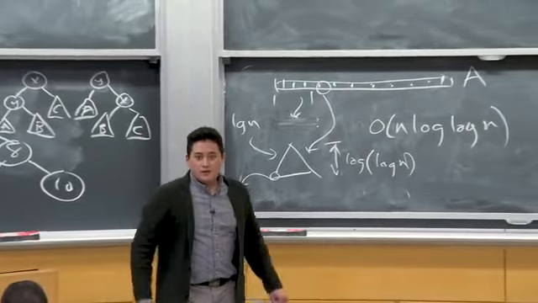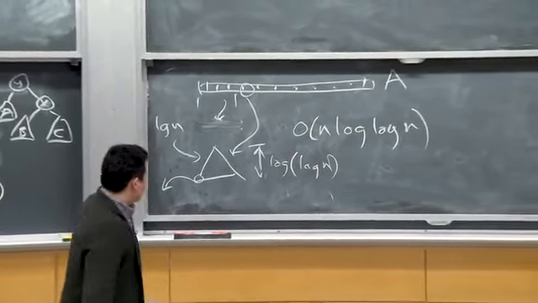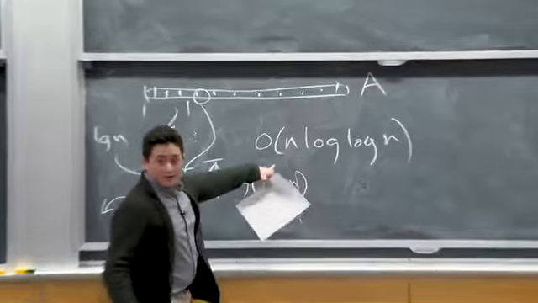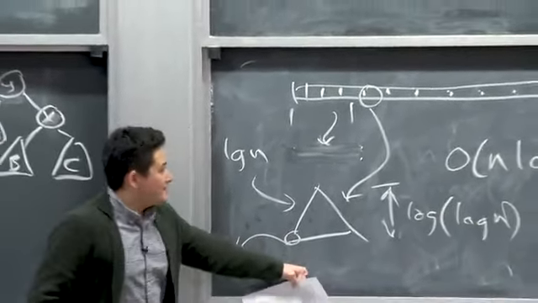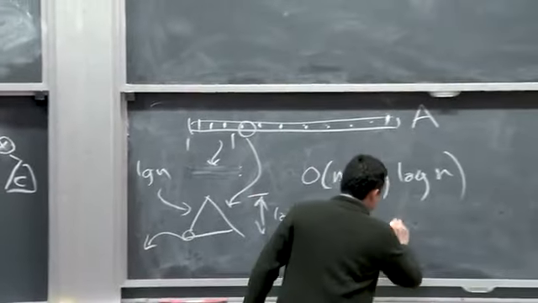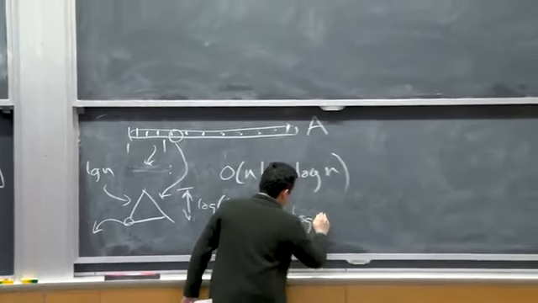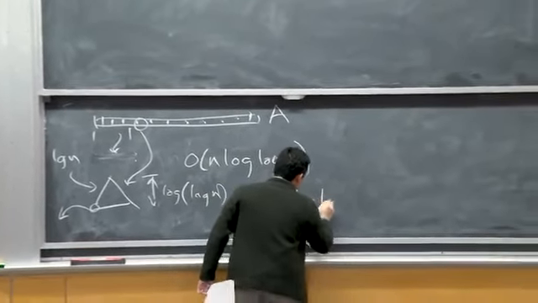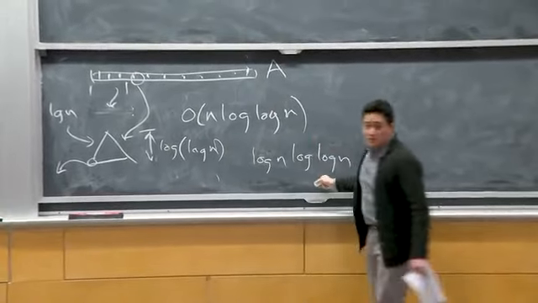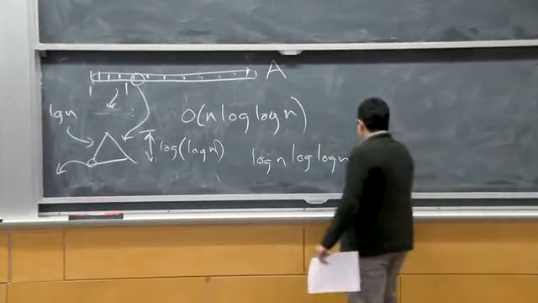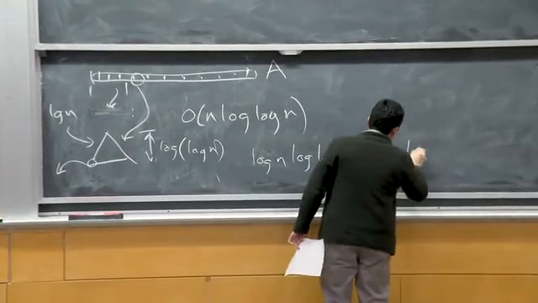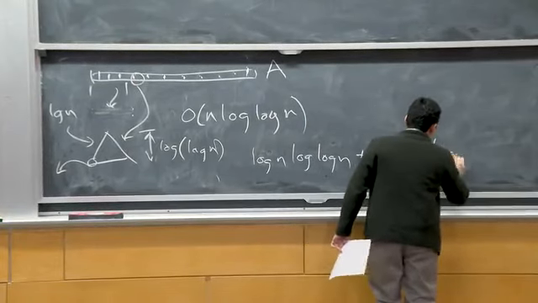Could you go to the total runtime? Total runtime here, it's bookkeeping. It took me log n times log log n time to build this data structure at the beginning, plus n times log n.